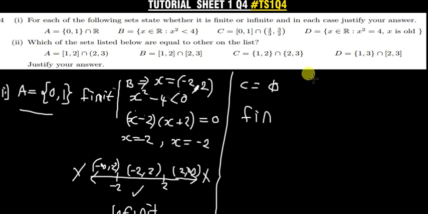Alright. So we proceed to the last question, which is D. So D is telling us that x is a member of all real numbers and x squared is equal to 4.